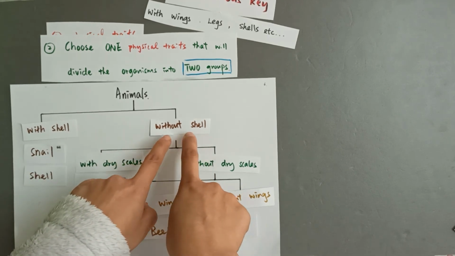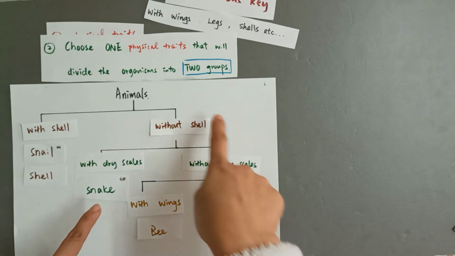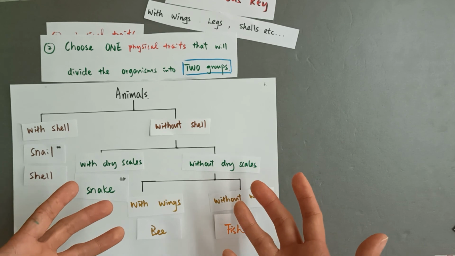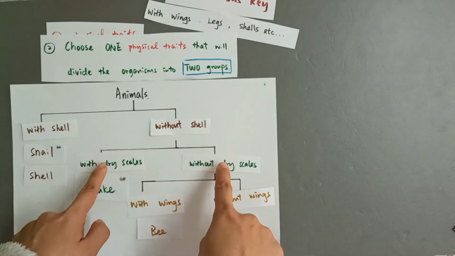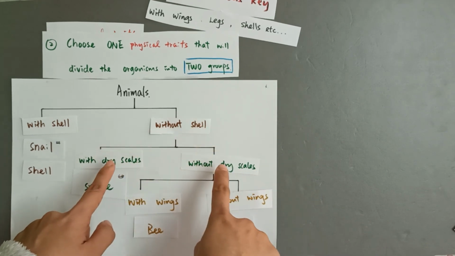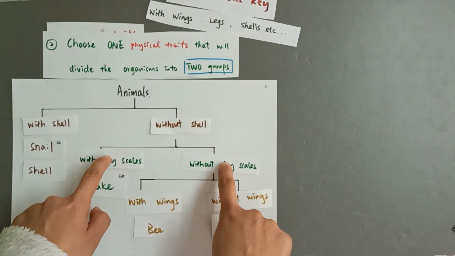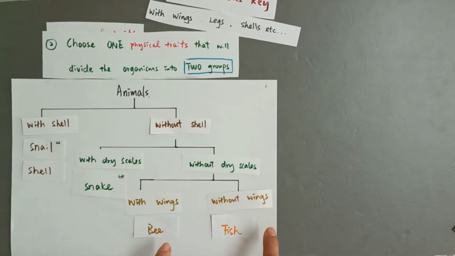If the group has more than 1 organism, you need to divide it into 2 branches by another physical trait and write it down, and then do it again and again. This is the simplest one, and you may encounter more difficult versions of the dichotomous key. Hope that after watching this video, you know how to construct a dichotomous key.